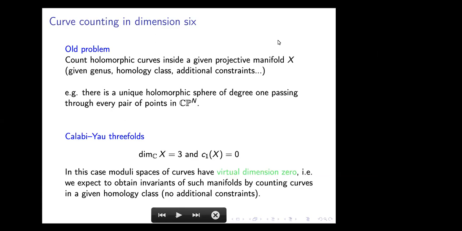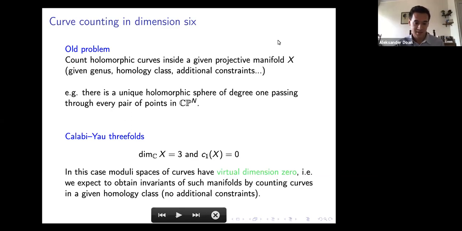So actually the quintic threefold is a good example because it's a case of a so-called Calabi-Yau threefold. These are complex manifolds of dimension 3, whose first Chern class is 0. And in this case, the curve counting theory is particularly rich and particularly simple in a way because you don't have to put any constraints on the curves.